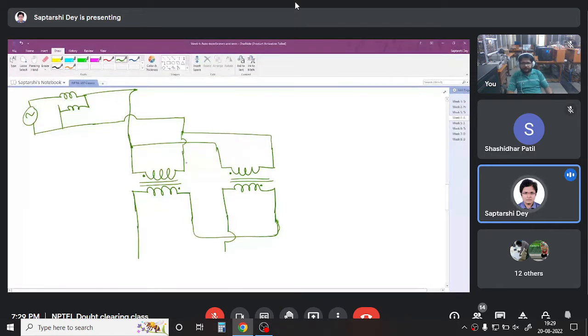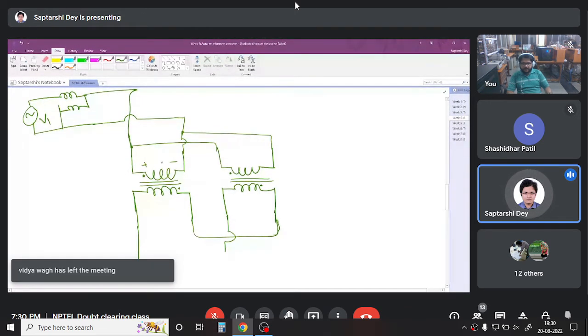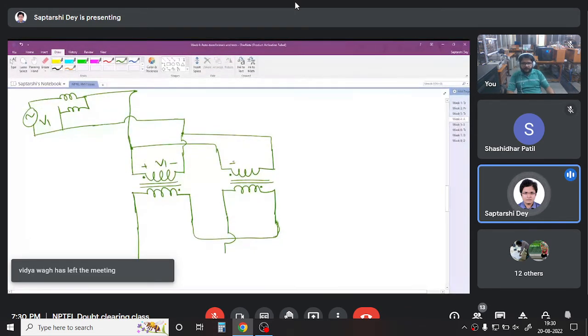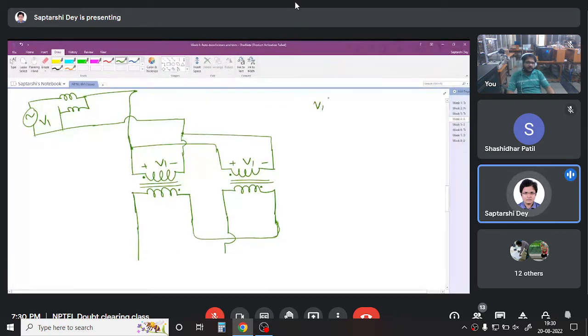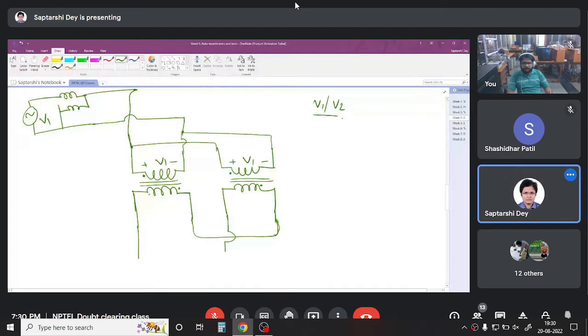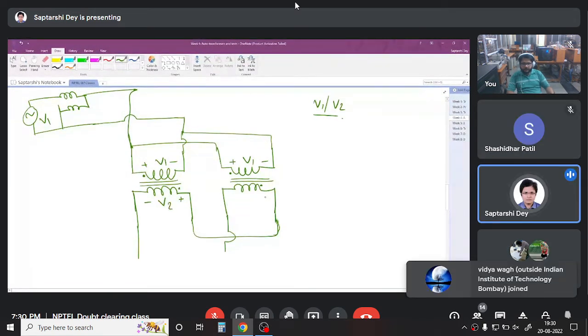They are identical transformers. Now suppose I have voltage V1 here, the voltage that is coming here is V1 and the voltage that is coming here is also V1. If both transformers have a turns ratio of V1 by V2, then I have V2 here and V2 here.